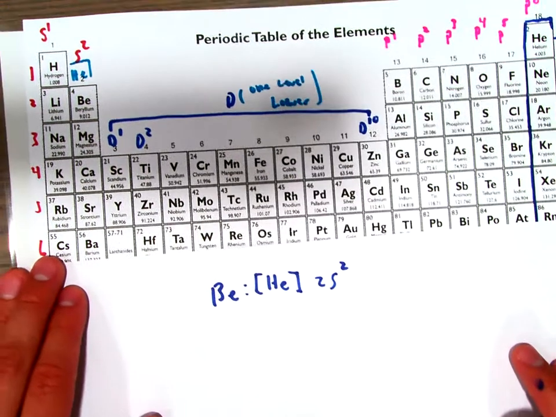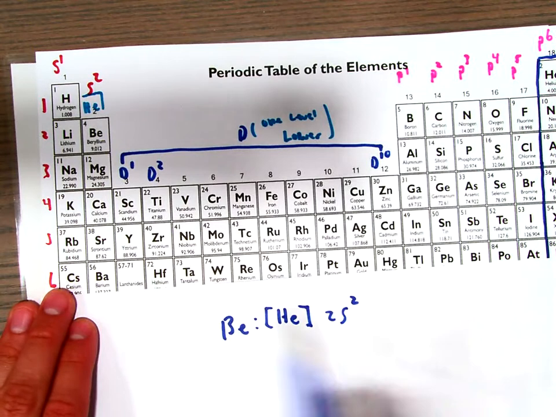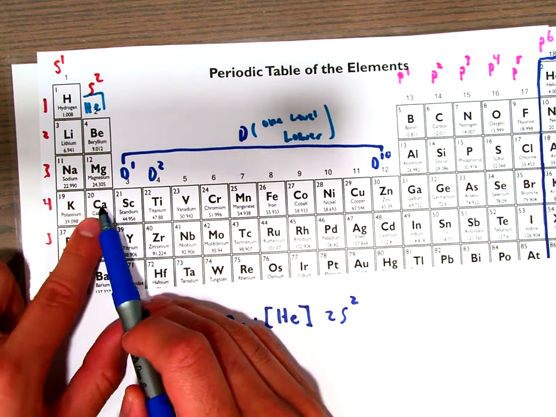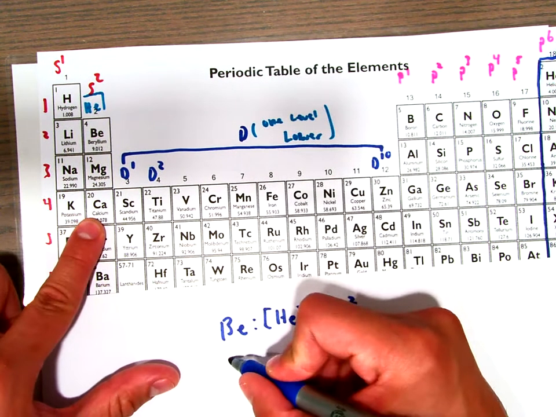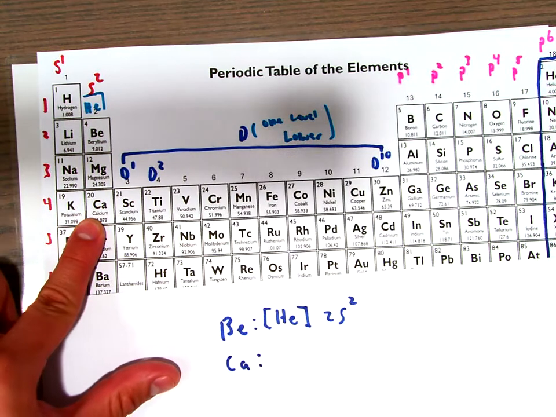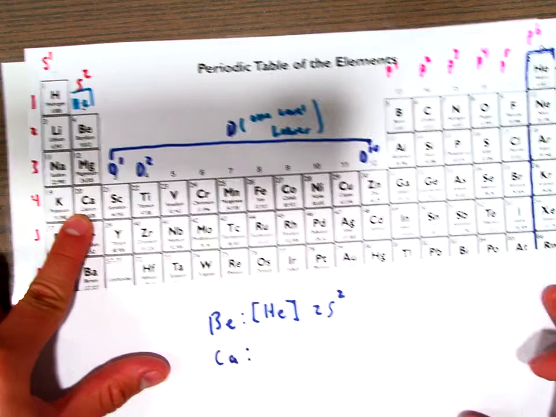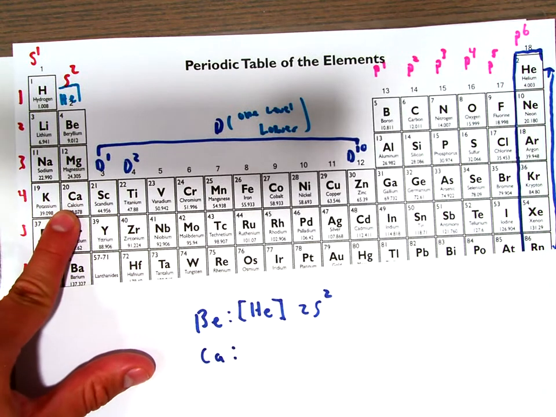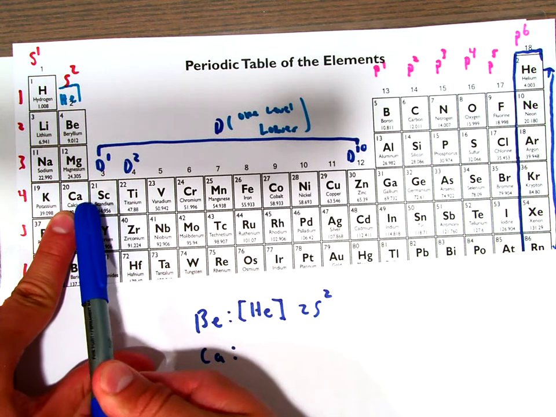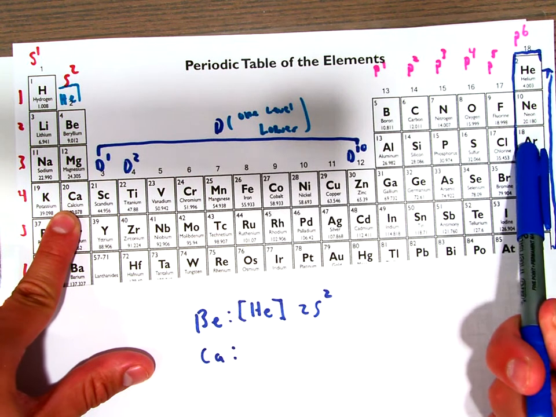For example, let's look at calcium. Calcium is here. So let's do the noble gas configuration. Sometimes you'll hear it called the abbreviated version. Why is it the noble gas? Because we start at a noble gas. So we go up one, then to the right, to find the noble gas before it.